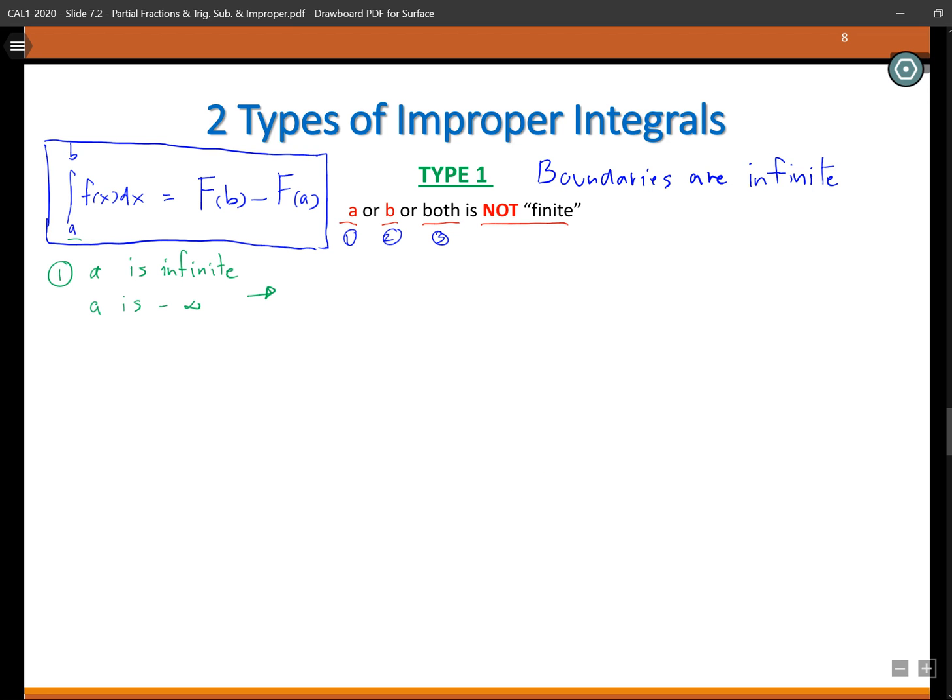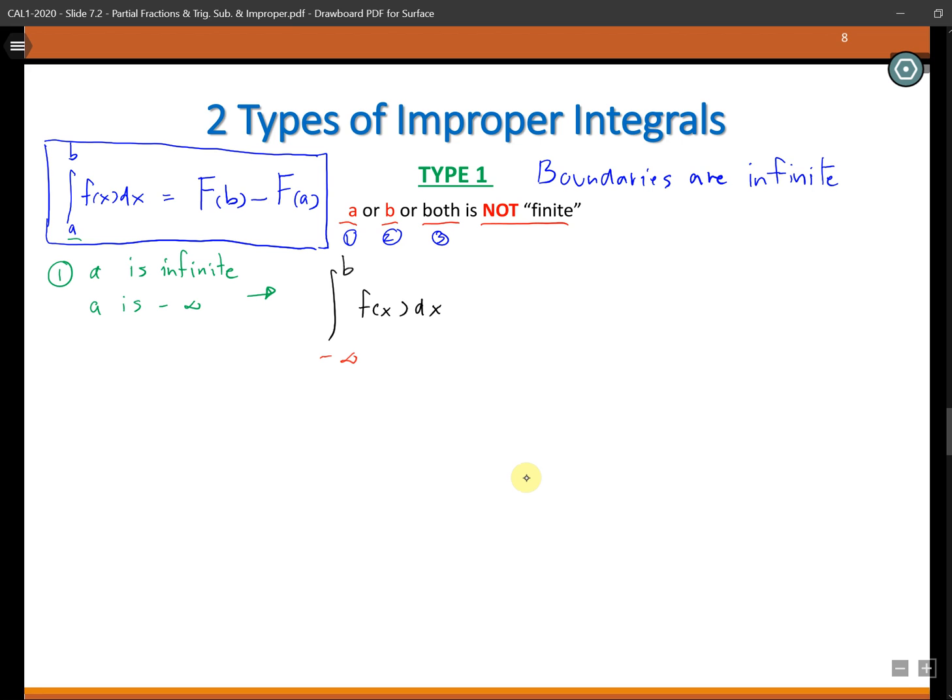We are going to have this simple integration just like before, f(x) dx, but in this case the lower bound is minus infinity instead of some finite number. Since this is a problem, I'm going to put it in red right here, minus infinity, and the upper bound has no problem, so we put b as usual. It can be any finite number. So that is scenario 1. The lower bound is minus infinity.